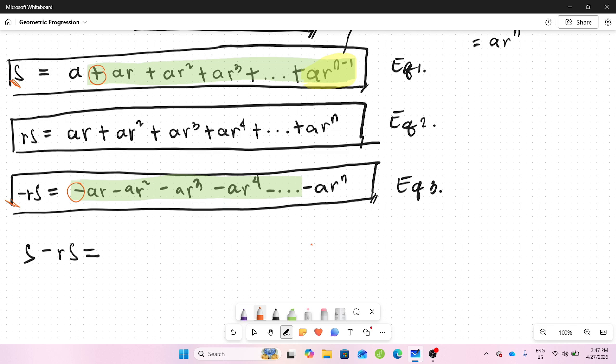So this part will simply vanish or cancel out. The remaining terms: this one will be left because there's no term on equation 3 that would cancel it, and this term on equation 3, because there's no term on equation 1 that would cancel it. So what's left here is a minus a r to the power of n.